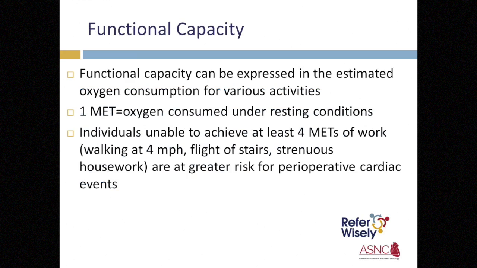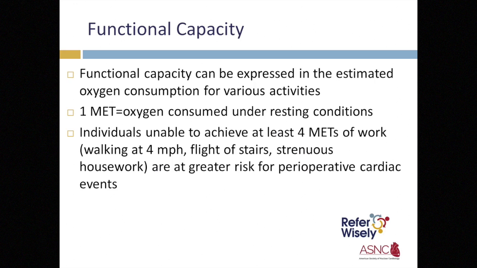A very important patient variable that factors into the preoperative cardiac risk assessment is the functional capacity of the patient. Functional capacity can be expressed as the estimated oxygen consumption for various activities performed by the patient. Oxygen consumption under resting condition is defined as 1 MET, or metabolic equivalent.